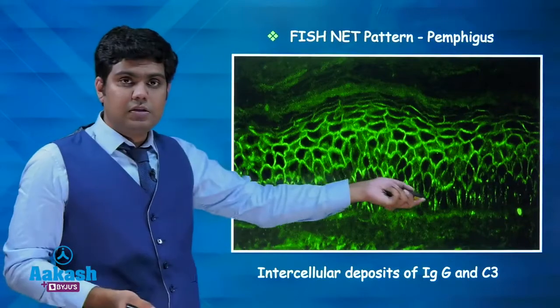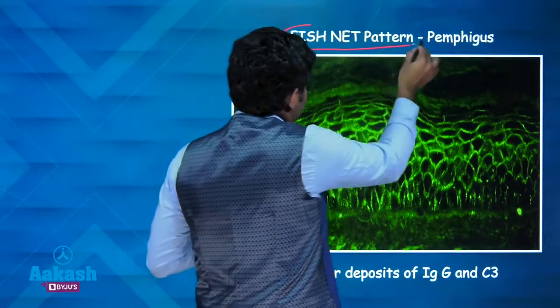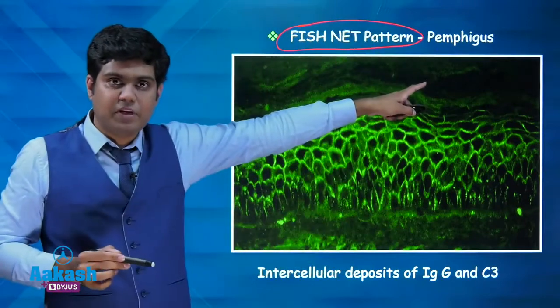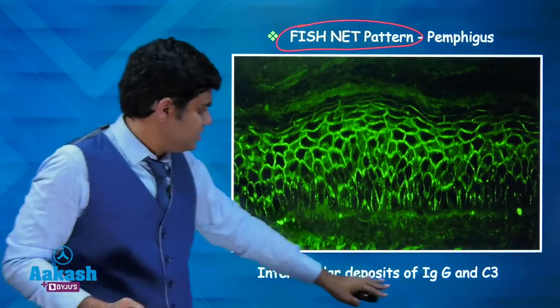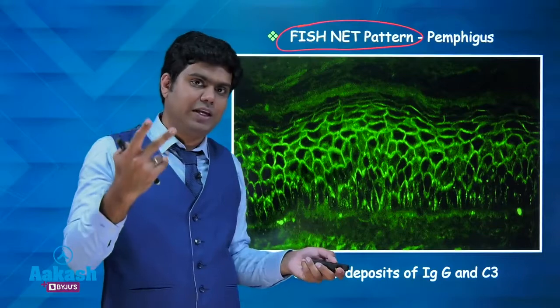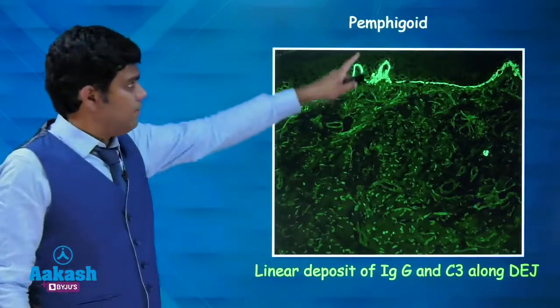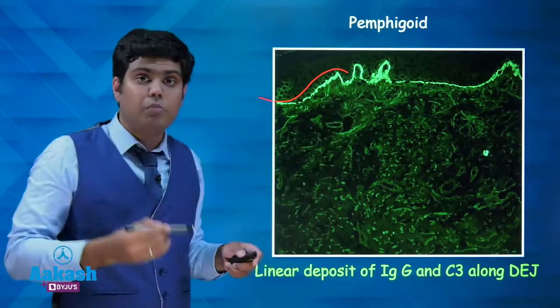What is this pattern of DIF, direct immunofluorescence? This is the fish net pattern. Remember the fish in dermatology seen in pemphigus. So these are all what? Intercellular deposits of IgG and C3, characteristic of pemphigus, both foliaceus and vulgaris. Okay friends, pemphigoid will have a linear deposit along the dermoepidermal junction.